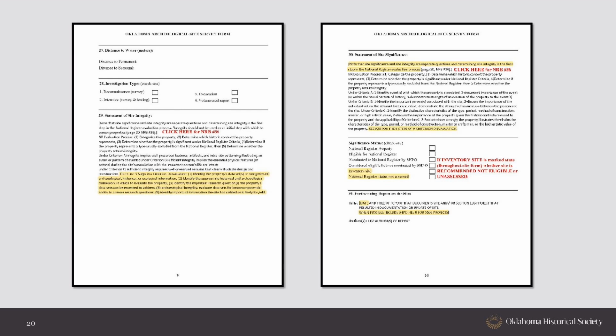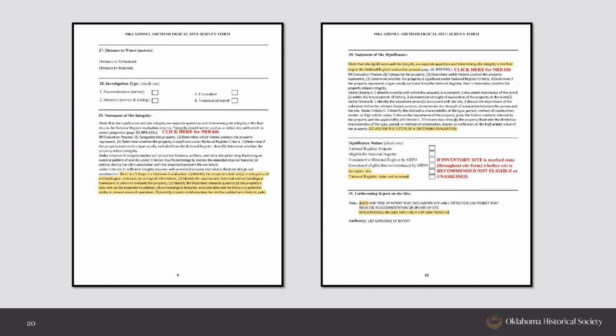So if you are documenting an archaeological site that you believe is eligible, please clearly state that throughout the site description and in the statements of integrity and significance. But here in the significant status, you will probably want to mark not assessed or considered eligible but not nominated by SHPO.